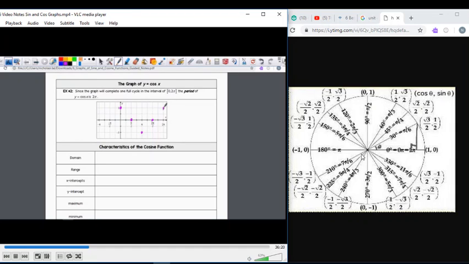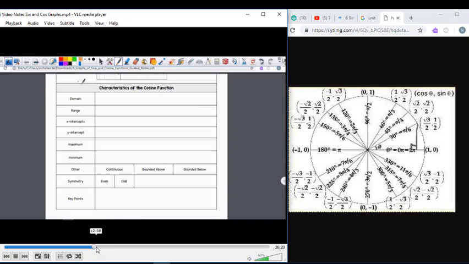When theta is 3 pi over 2, our x value output is 0. And when theta is back to 2 pi, our x output is 1 again. So that's what draws the cosine graph. We're looking at the inputs as angles and the outputs on the unit circle.